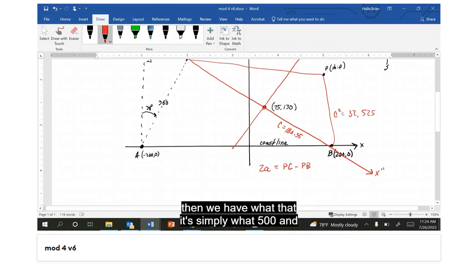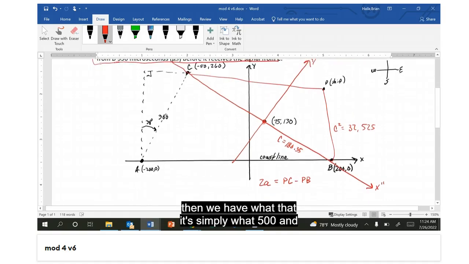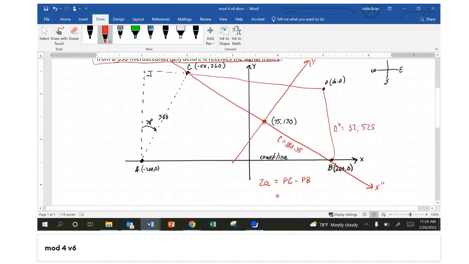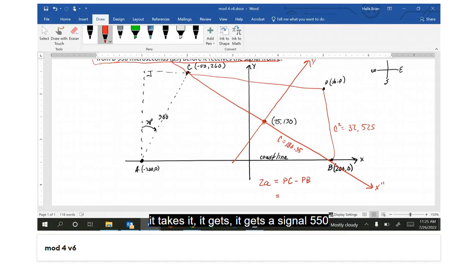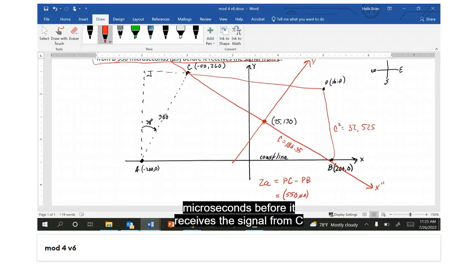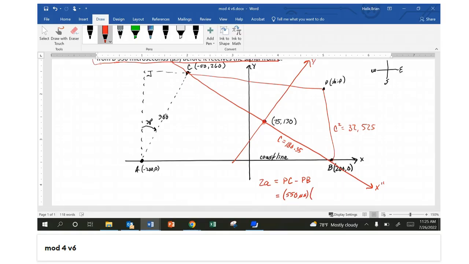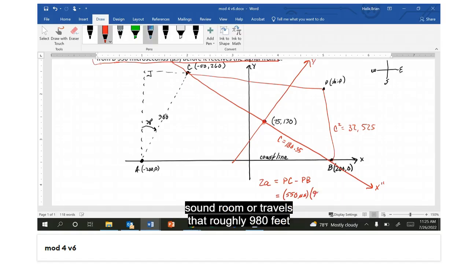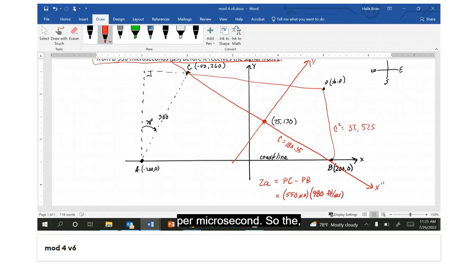And of course then we have that it gets the signal 550 microseconds before it receives the signal from C. And sound, remember, travels at roughly 980 feet per microsecond.